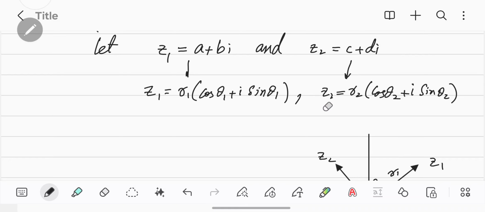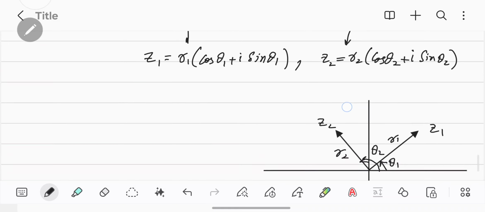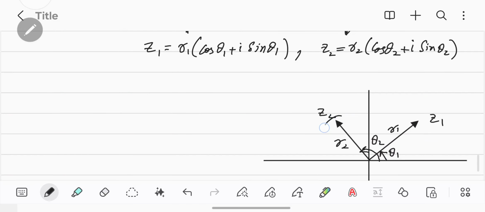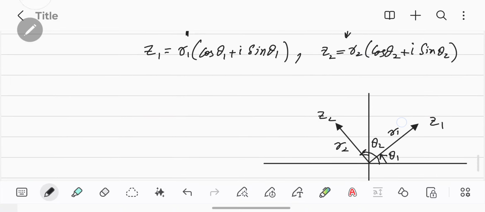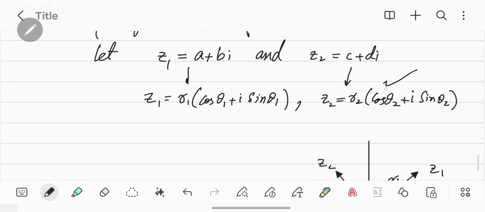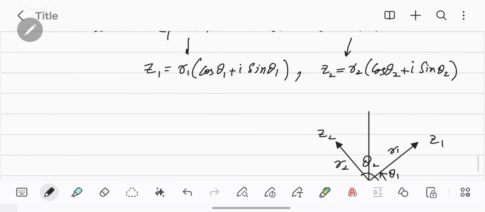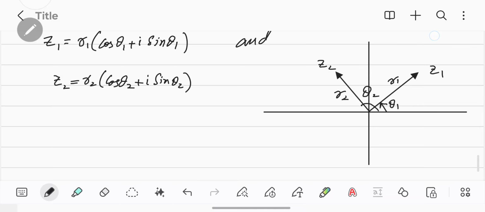And similarly for z2, the radius of z2 is r2, so I have written r2, and it makes an angle theta 2 along the x-axis, so I wrote cosine of theta 2 plus iota sine of theta 2. So these are the two polar forms of the complex numbers.